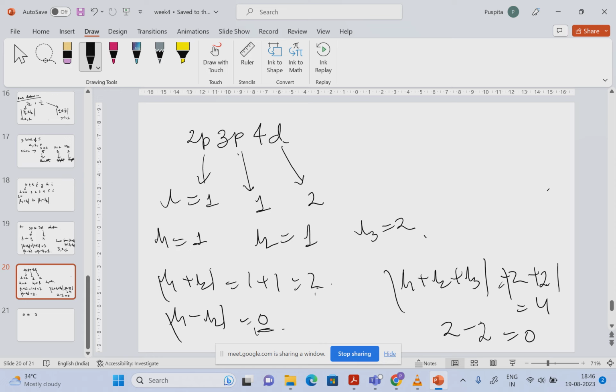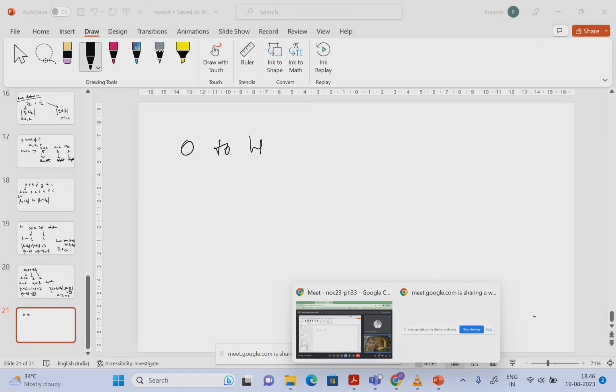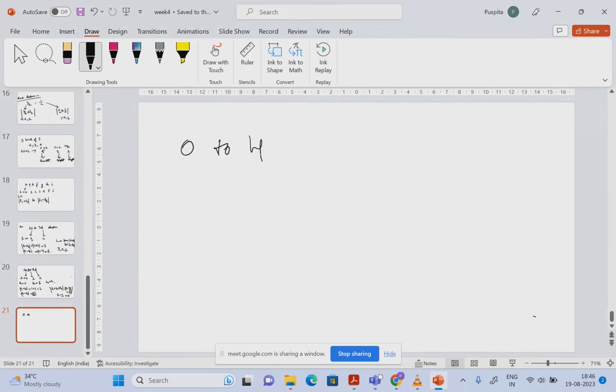So the minimum is 0 and the maximum is 4. So it varies from 0 to 4. So all the possible L values are 0, 1, 2, 3, 4. So there are 5 possible values. So it is S, P, D, F, G.